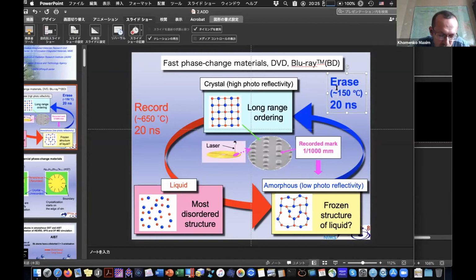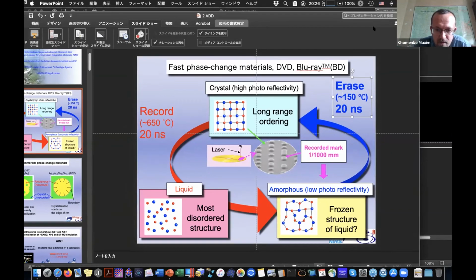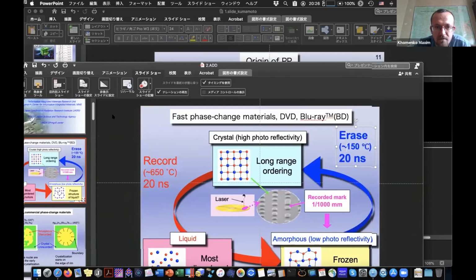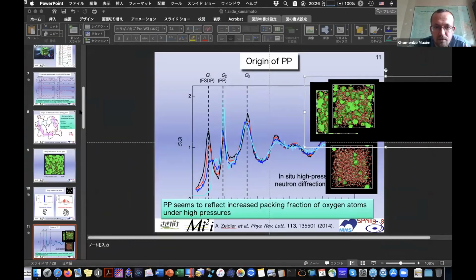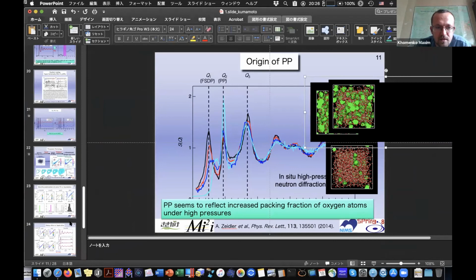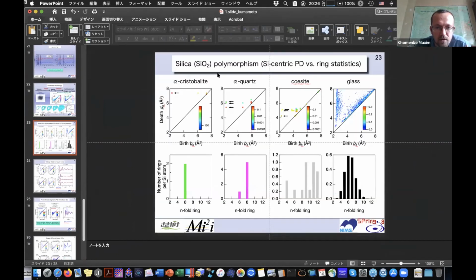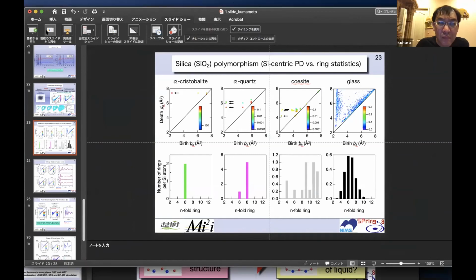I couldn't get what is unique about this persistence diagram, because in ring statistics you can see the same thing, specific for glass, specific for crystal. What is special about the persistence diagram? Why should we use it?